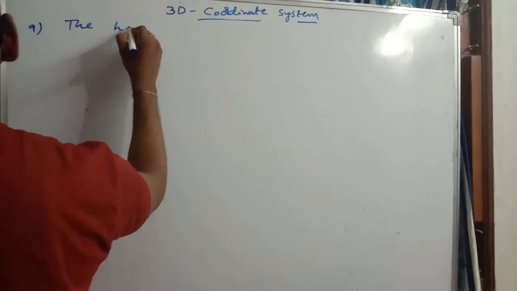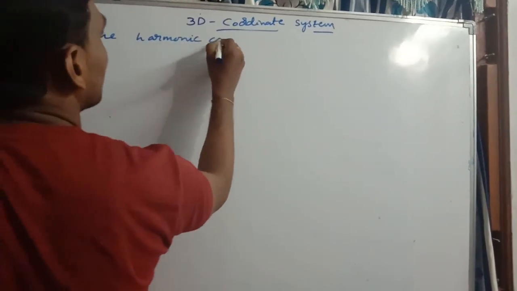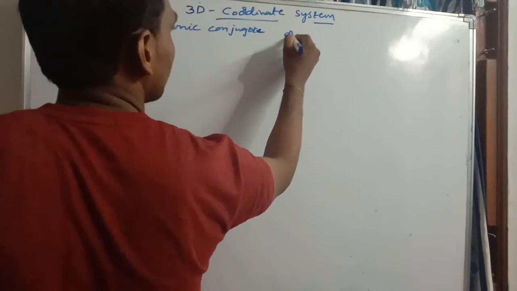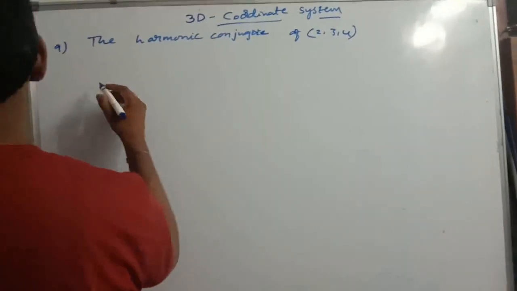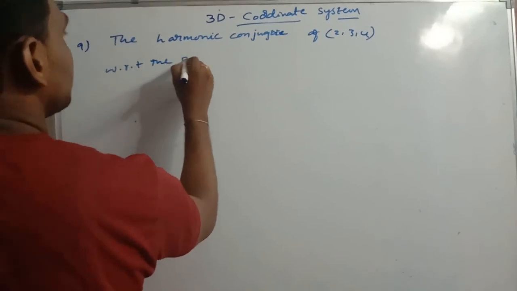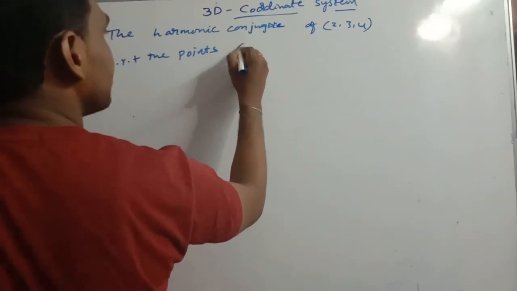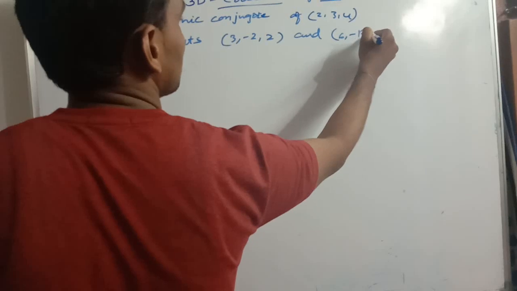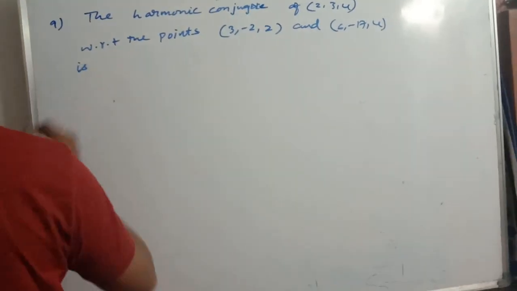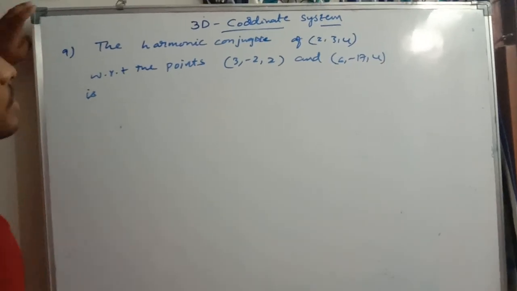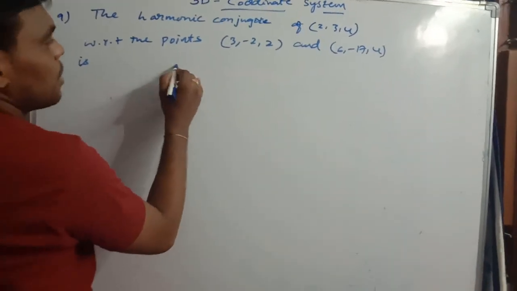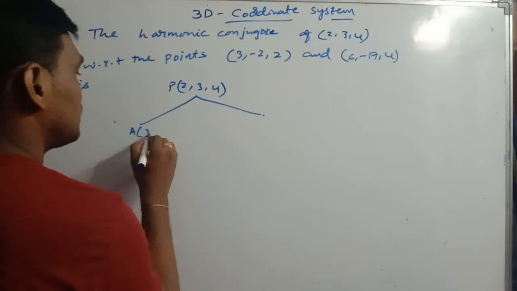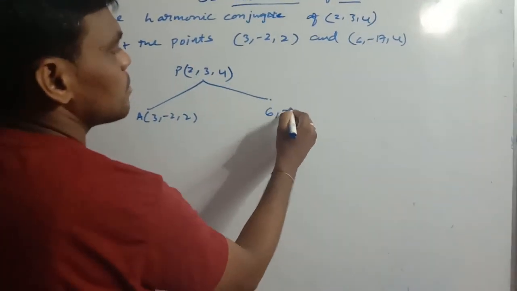The harmonic conjugate of (2, 3, 4) with respect to the points (3, -2, 2) and (6, -17, 4) is... Now this is the harmonic conjugate point of (2, 3, 4), and A is the point (3, -2, 2) and B is (6, -17, 4).